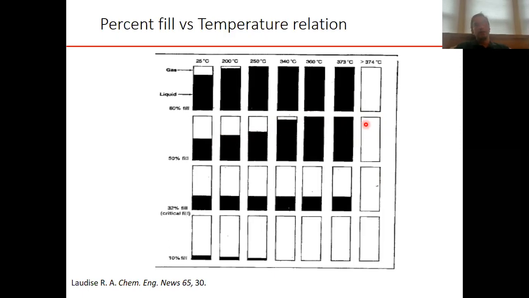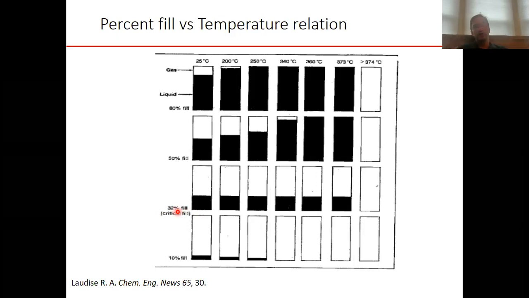So now there is, however, a so-called critical fill rate, and this is the fill rate at which the fraction of the liquid component and the fraction of the gaseous component within the autoclave do not change anymore with the temperature. And that is because there are actually two opposite effects.